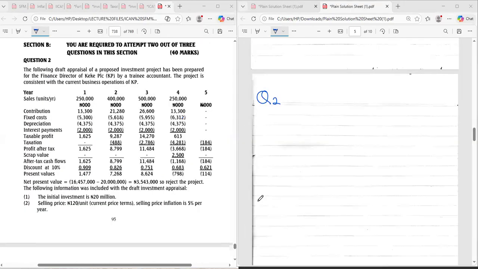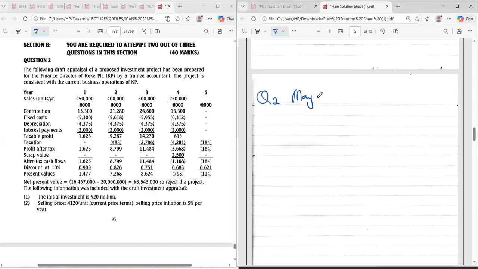All right. May 2024, question 2, SFN. So it's coming from the SFN past question. You never can tell. They can bring it for you. Now, if you look at the requirements of the question, what did they say?